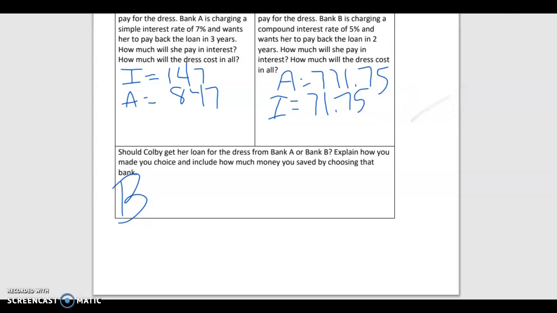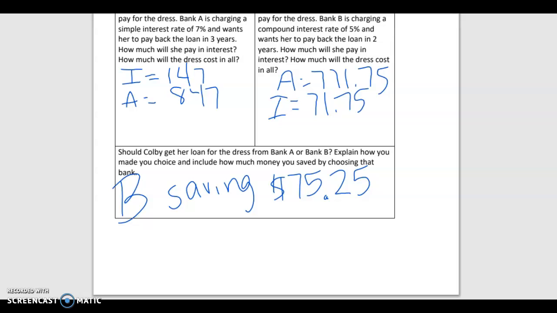Okay, I'm going to erase that, but I'm going to find the difference of those two. Because I'm asking how much I'm saving. So $847 minus $771.75 is going to be a saving $75.25. Again, decimals won't write. There we go. All right.